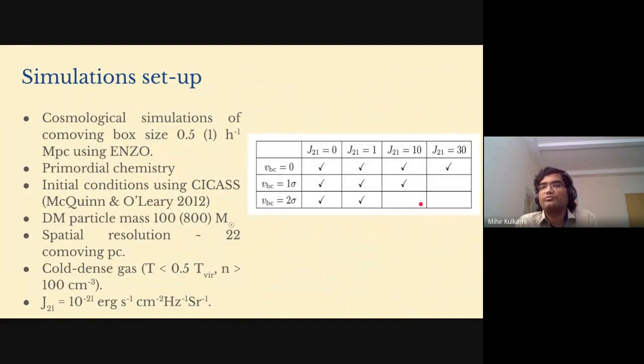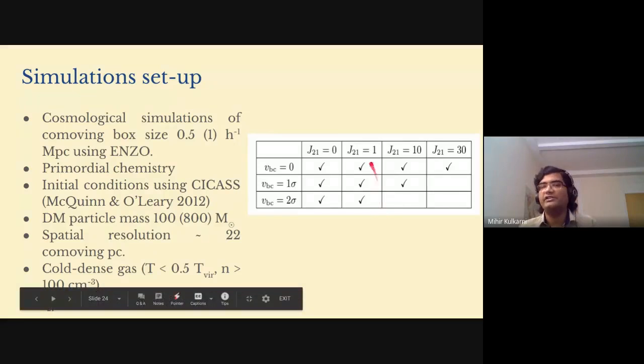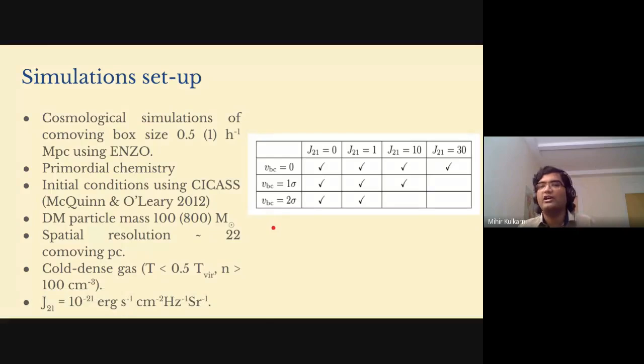One of my recent projects was to understand how the critical mass depends on redshift, as well as Lyman-Werner radiation and streaming velocities, using a suite of high-resolution cosmological simulations, and to see how well it compares with simple analytic models, and whether we need to improve those analytic models.